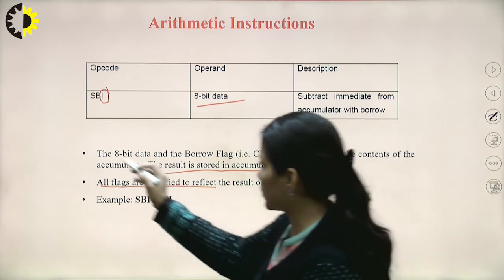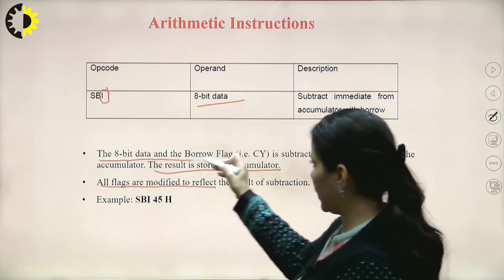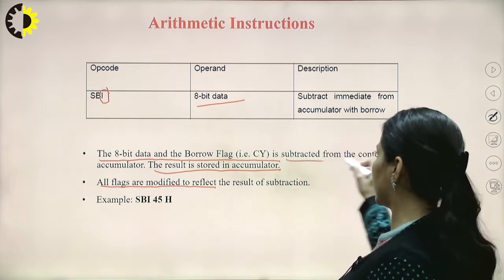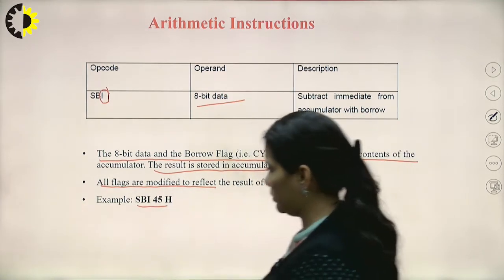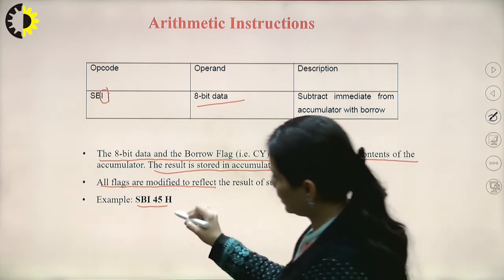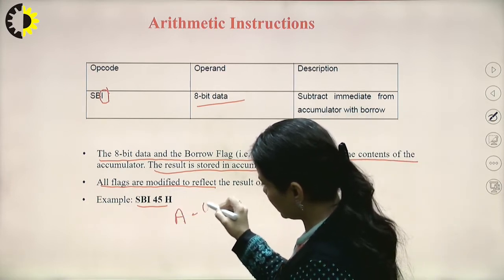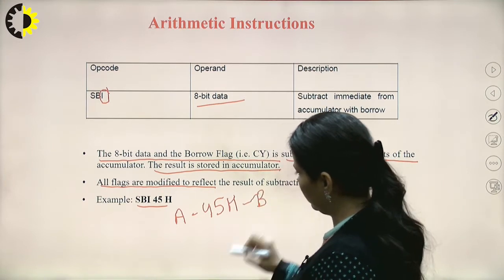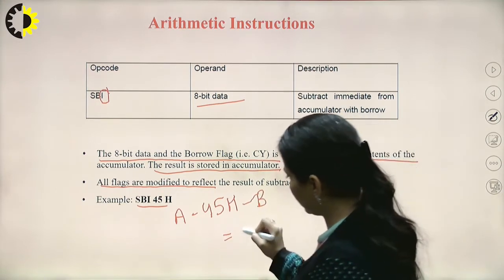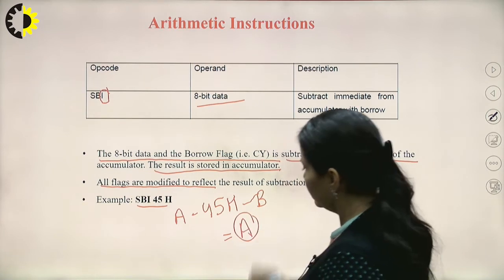In this instruction, 8-bit data and the borrow flag are subtracted from the contents of accumulator. This means the instruction will subtract A minus 45H minus borrow, and the result will be stored in accumulator.